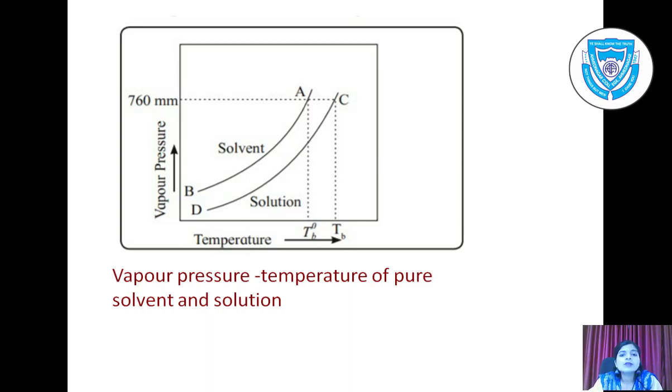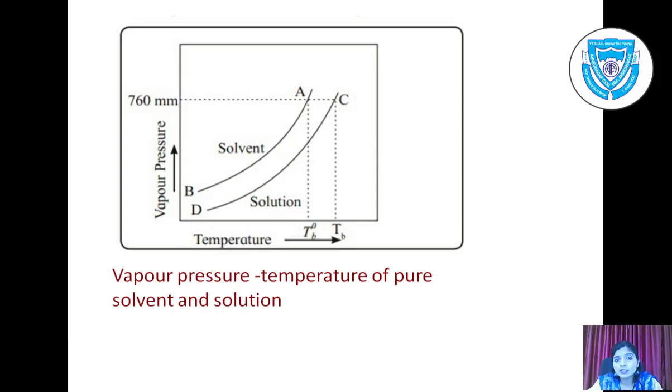But when you add solute to it and form a solution, it won't boil at 1 atmosphere, because we have already seen in the previous slide that vapor pressure is lowered. So in order to increase the vapor pressure, temperature should also be increased, from T naught B to TB.